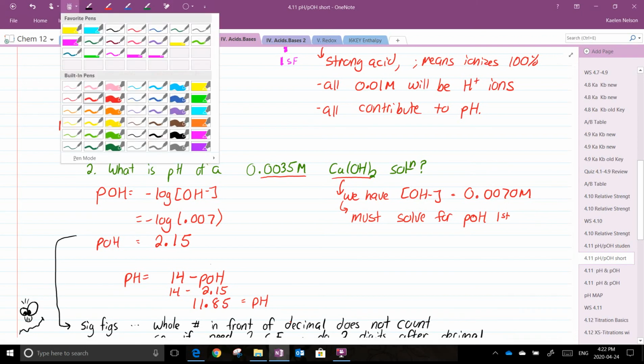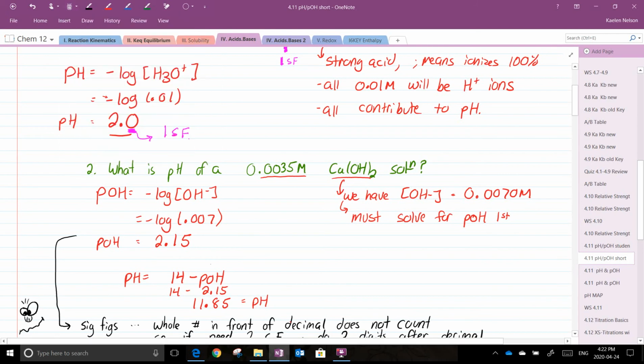Okay, now I'm going to talk sig figs again because there are differences when you're dealing with pH. So this number here in my question that I'm underlining in blue is a 2 sig fig number. So when I report my final answer here, I should be reporting to 2 sig figs, but I'm only counting after the decimal for pH.